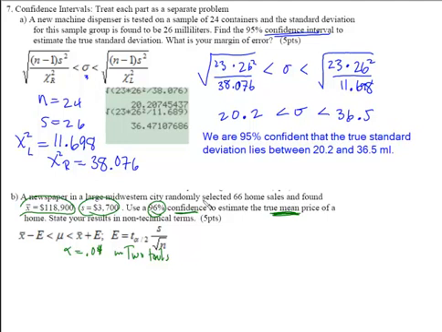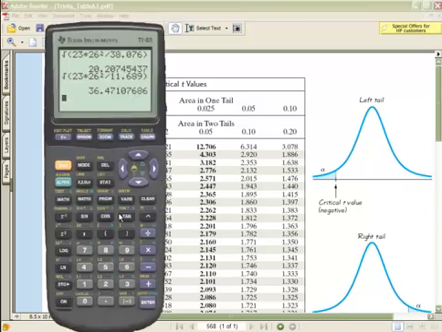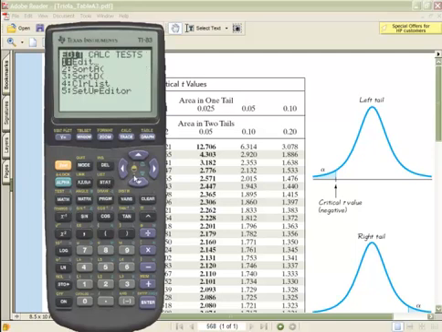So this is our formula with a T, and we can use our calculator to get that instantly. So let's take out our calculators. Let's clear this and go into stat, test, and go down to, I think this one, the T interval.